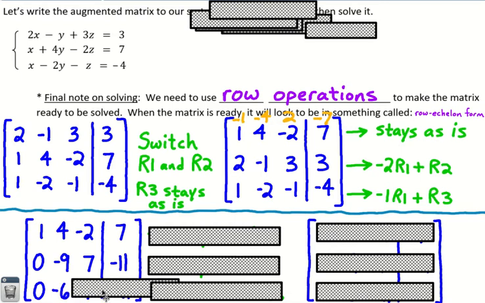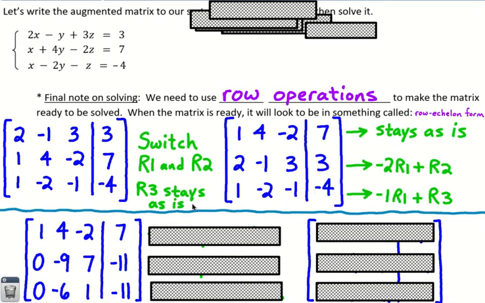Negative 4 plus negative 2 will be negative 6. Positive 2 plus negative 1 will be positive 1. And negative 7 plus negative 4 will be negative 11. And so just like I said, row 1 stayed the same, but my brand new row 2 was the result of all of this, and my brand new row 3 was the result of all of this.